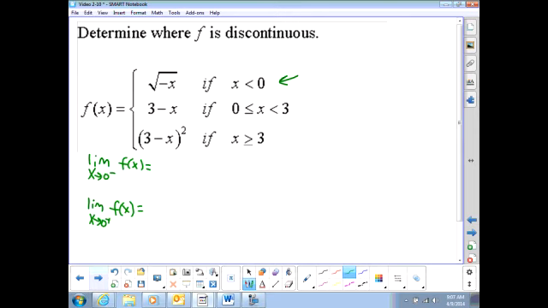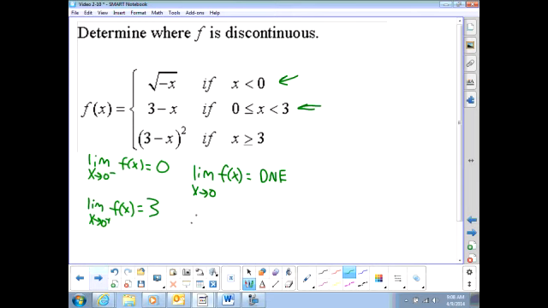When we plug 0 in, we would get back 0. When we come from the right, we would be using this function. When we plug 0 in, we'd get back 3. So the limit as x approaches 0 overall of f of x does not exist because the left-hand limit does not equal the right-hand limit.